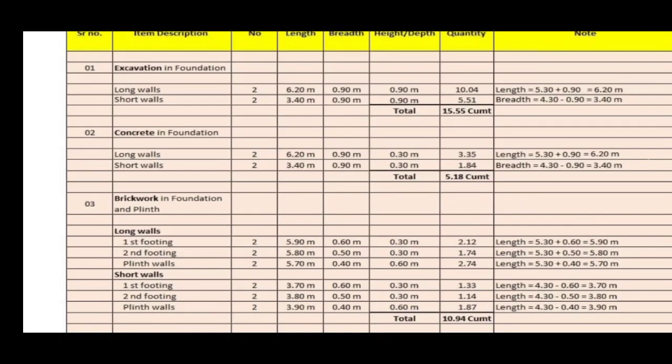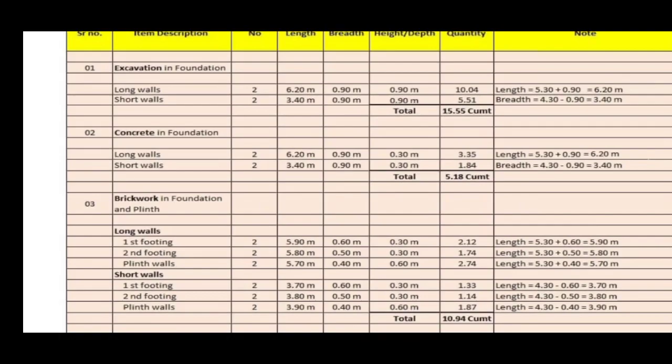The multiplication of all this length, breadth, and depth gives the total quantity, which is equal to 5.9 into 0.6 into 0.3 meter, which is equal to 2.12 meter cube.